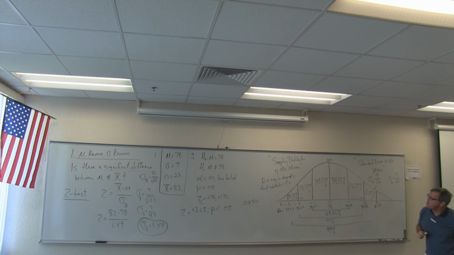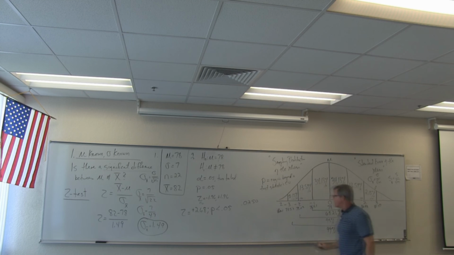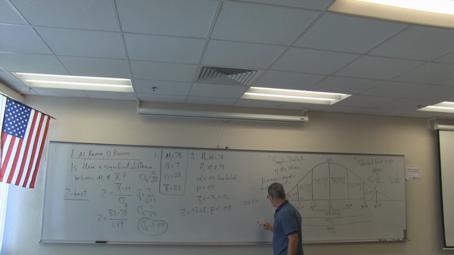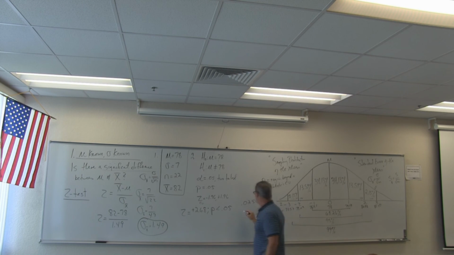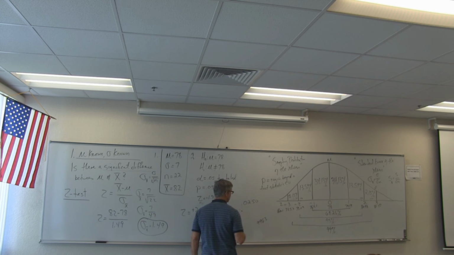Class, go to a z of 2.68. Tell me what that area is. It's 0.9963. Now do 1 minus 0.9963, which is 0.0037.